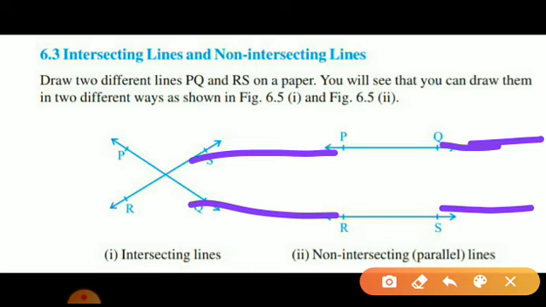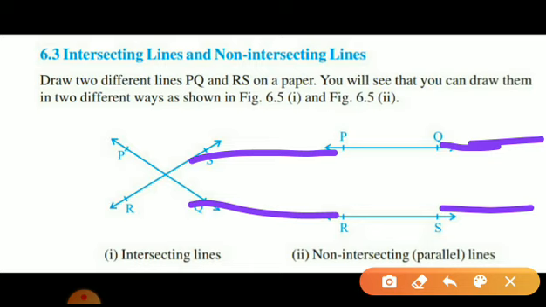Examples you can have are a railway track. If you check, railway tracks are always parallel to each other. Again, the window bars, if you see them, are parallel to each other. They will not intersect anywhere. Is that clear? So any two lines either intersect or are parallel to each other.